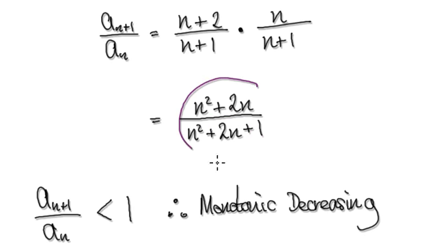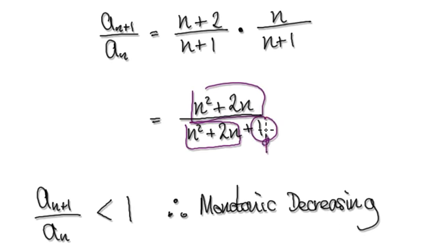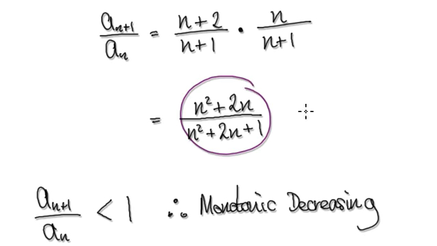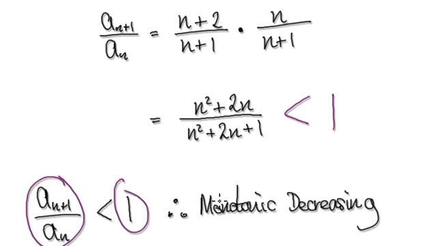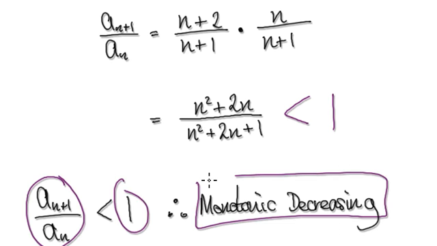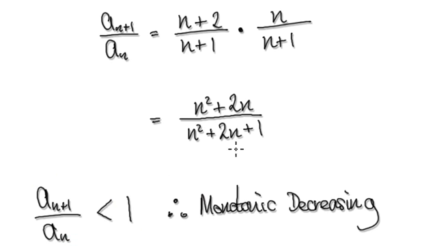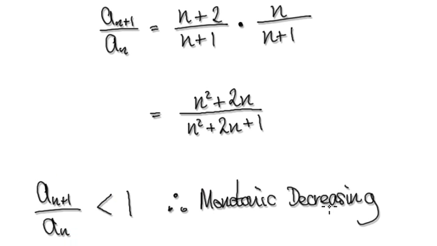So that will mean that this thing here is exactly the same, and then this exactly the same, but then an extra bit. That must mean that the whole thing here must be less than 1. Well, if this thing here is less than 1, then we could definitely say that it's monotonically decreasing. Okay, so after all that, it is monotonically decreasing.